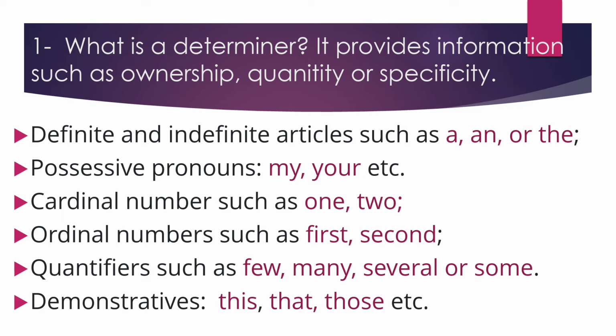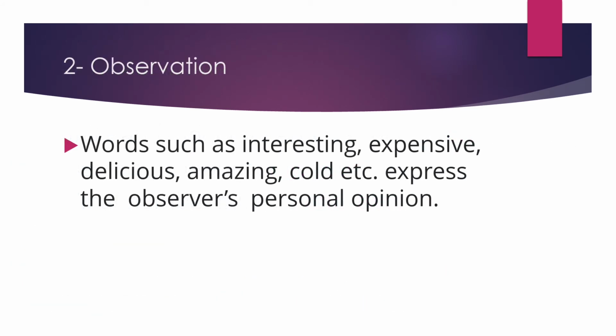Ordinal numbers such as first, second. Quantifiers such as few, many, several, or some. Demonstratives: this, that, those, etc. Then we write about the observation. Words such as interesting, expensive, delicious, amazing, cold, etc. express the observer's personal opinion.